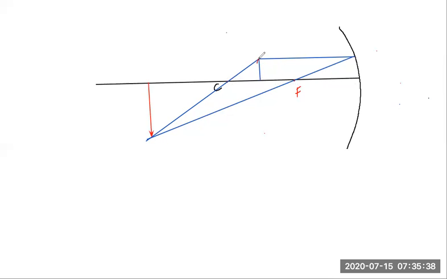Very interesting. This is the size of the object, which is erect over the principal axis. This is the size of the image, which is below the principal axis, right? So the image is formed beyond C, and it is inverted and bigger in size. Let me tabulate the data.